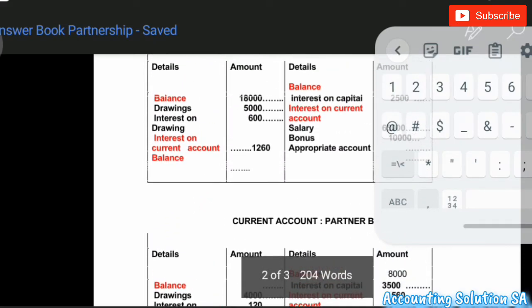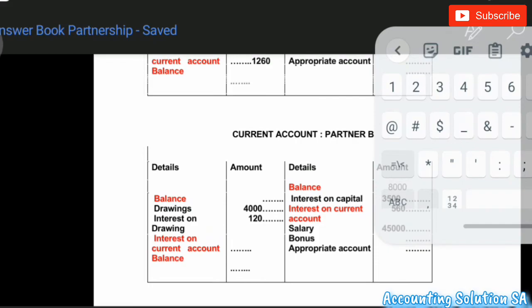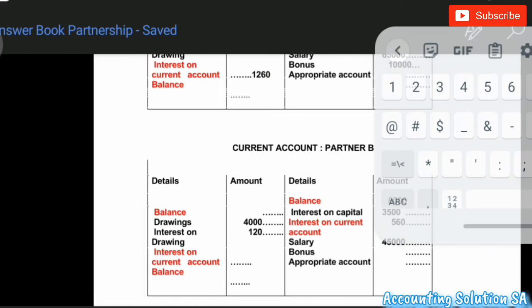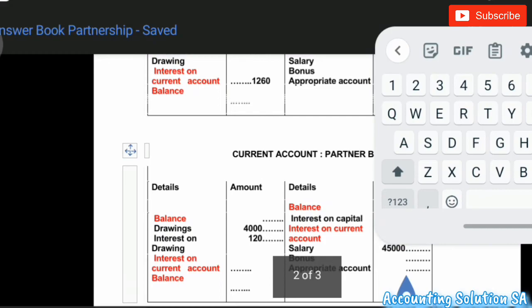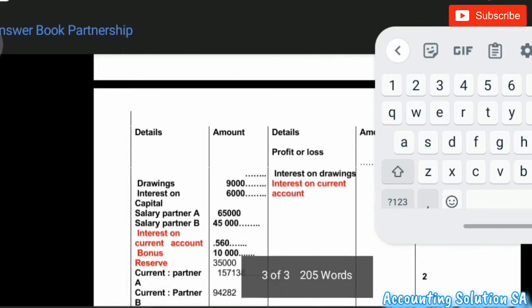Remember, we have an appropriation account balance which we didn't record because we must first calculate the appropriation account. Okay, now let's record those amounts. 94,283. This is for partner B, which is Liverpool.